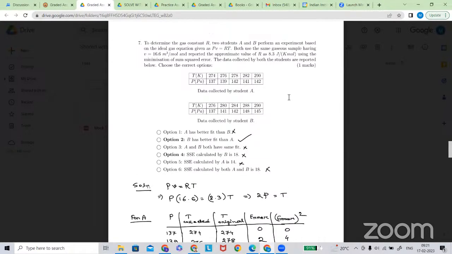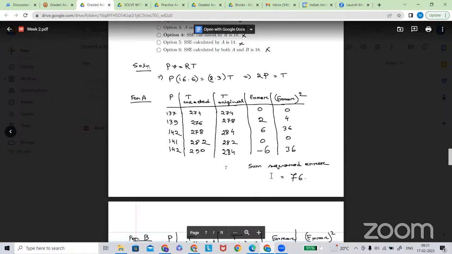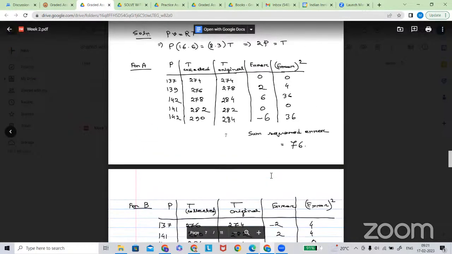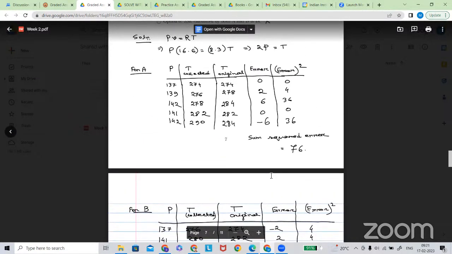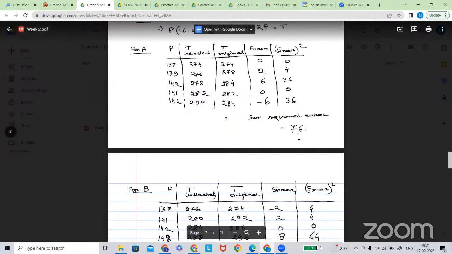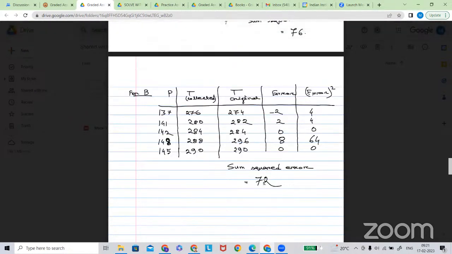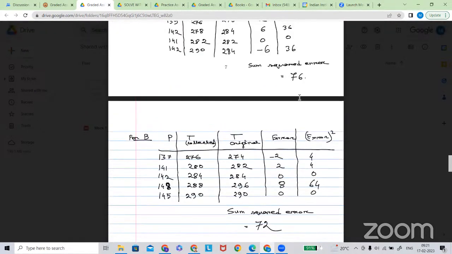Here it is not PV equal to RT. If you see the solution here, it is solved on the basis of 2p minus t. The SSE is calculated with 2p minus t, and the sum square is coming as 72 and 76.